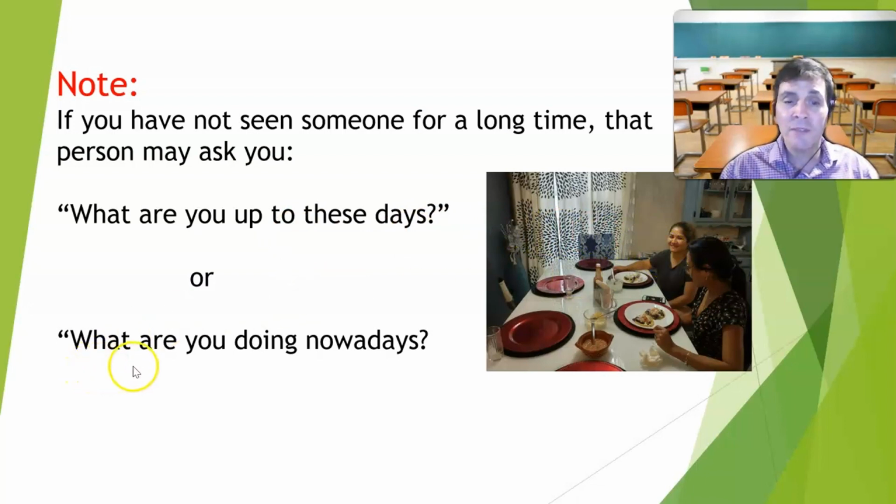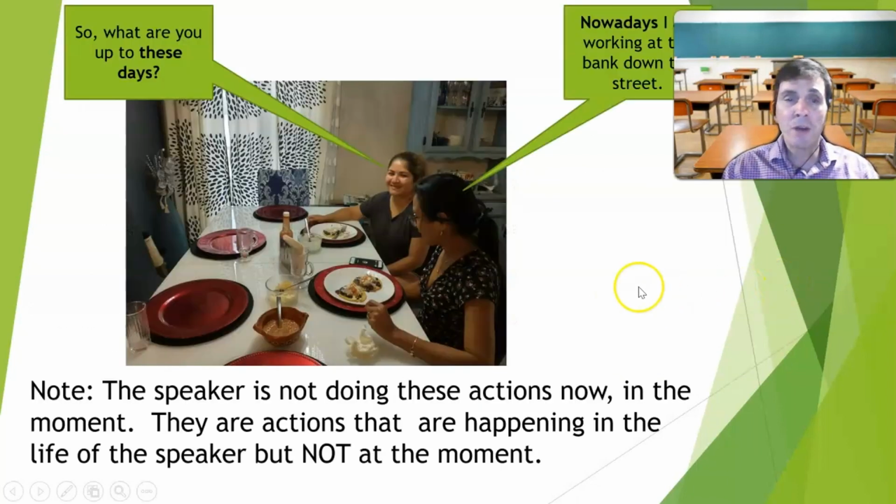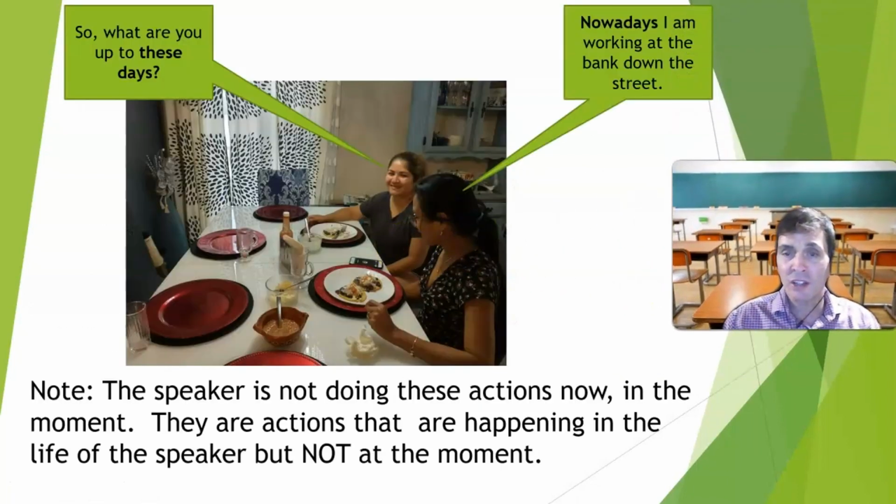Or they might say, what are you doing nowadays? So these are two ways that you can ask somebody what they are doing with their life these days. So this is the context, right? They're just sitting down and having dinner.